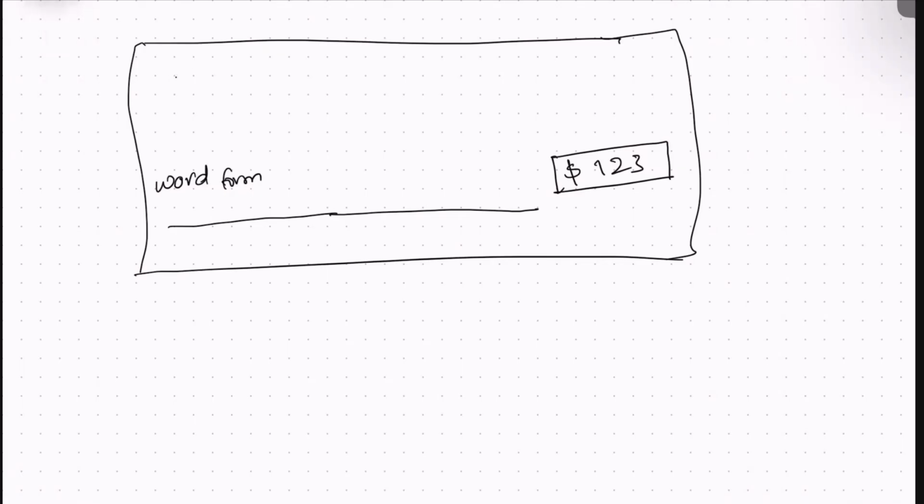It has the payee name, other details, date and other stuff, but I'm just mainly focusing on the digits and the places where you write the actual amount to be paid. So the first one is the standard form. The word form is you just write it as 123.